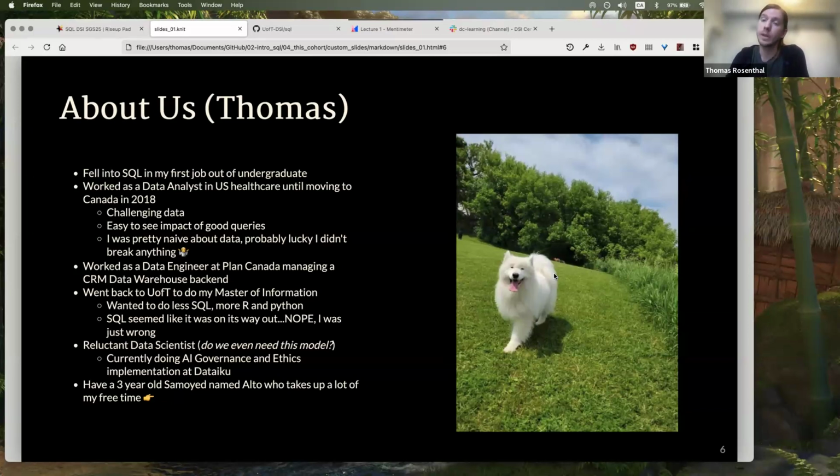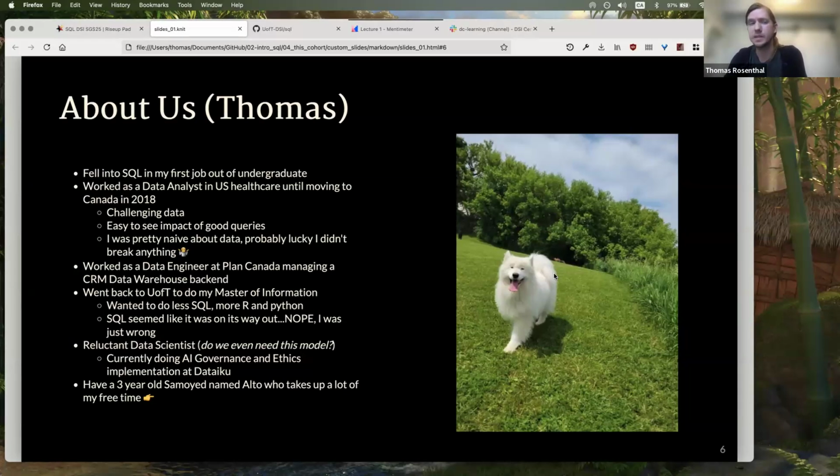This was about 2020, before 2019. I was feeling like SQL was making its way out, but I was really wrong on that. SQL is definitely still very present in the data science pipeline, and there are still people who practice pure SQL, and the vast majority of people use SQL alongside other programming languages for retrieval.